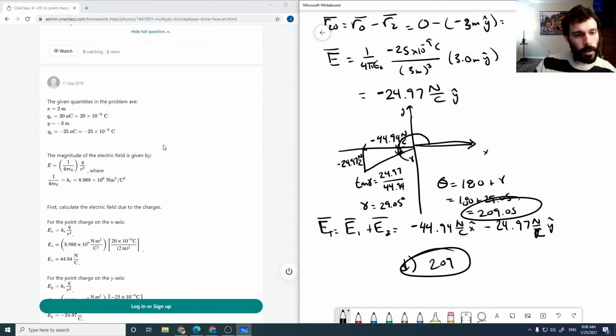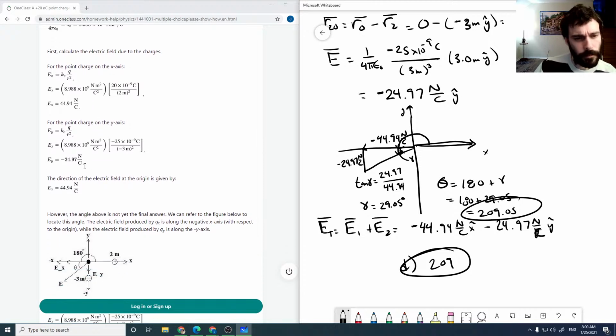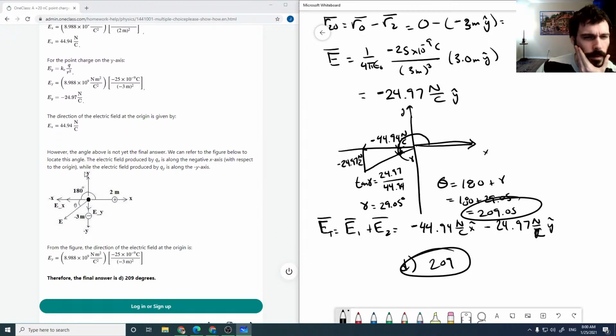Checking through the solution here. These are vector quantities. So Ex is 44, Ey is negative 25.